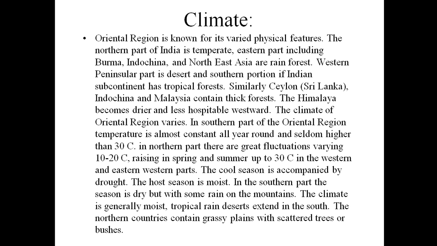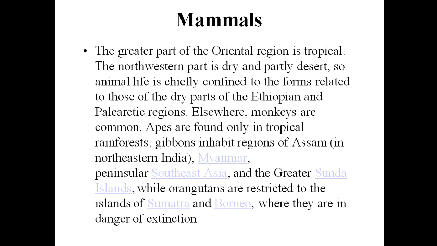So generally, the climate is moist, with tropical rain and deserts in the south. Even the northern parts contain many grassy plains with scattered trees or bushes, what we call savanna. Then coming to the fauna, the mammals.